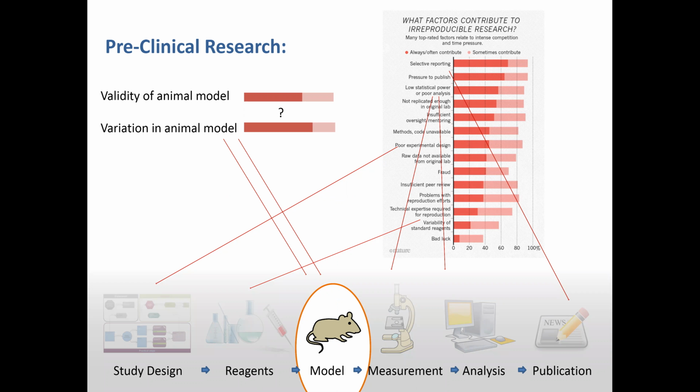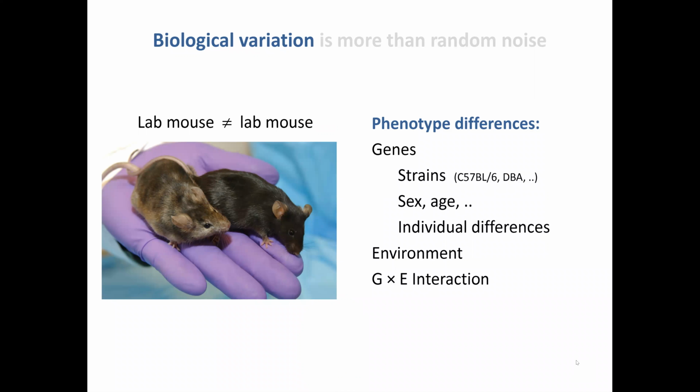And it's not only my belief, but for the rest of the talk, I basically want to present evidence and also some reasoning why this is the case. So I argue that a lab mouse is not equal to a lab mouse. We have phenotypic differences. Mice differ. There are genetic differences for sure. Researchers are sometimes working with different strains.